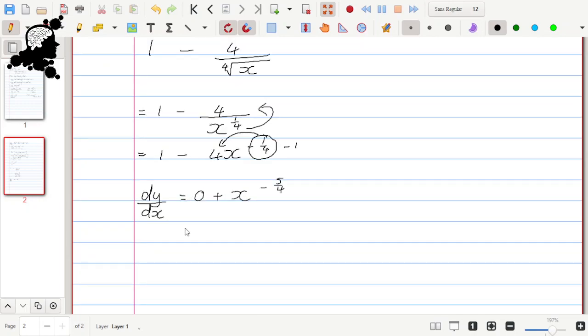We are dealing with negative exponents here, so we remember that when we're dealing with negative exponents, we need to swap numerator and denominator. This is x to the power 5 over 4. Now, when we get to this point, we could simply write this as 1 divided by the fourth root of x to the power 5. This would be our derivative. Wonderful. Life is great. Let's look at the next question.